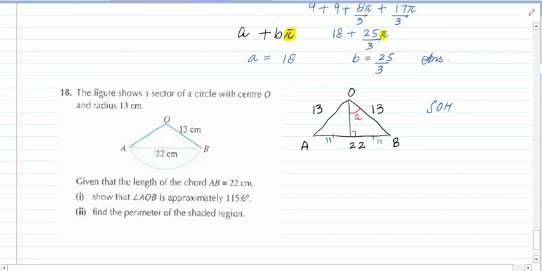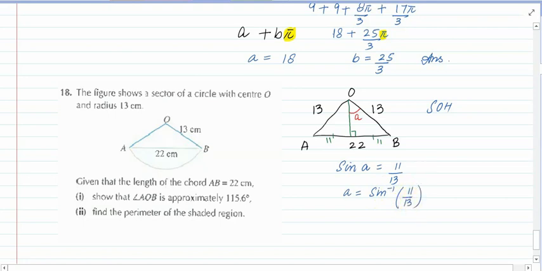So first try this question by yourself. Find the angle, as we had discussed trigonometry before this topic. So now you should do that. So it will be sine angle A is equal to opposite divided by hypotenuse, and you need to take sine inverse as we need to find out the angle, right?